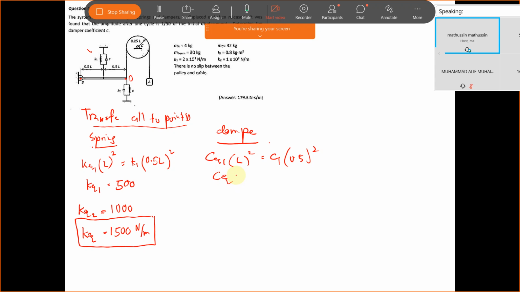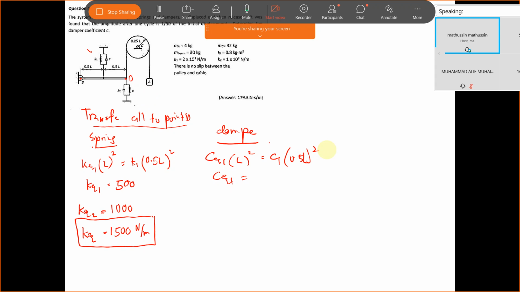C equivalent 1 must be berapa? 0.5 L, alright, 0.5 square.